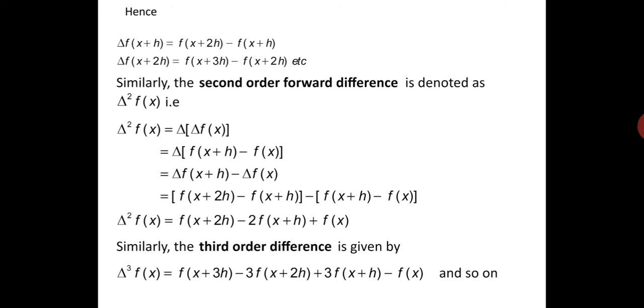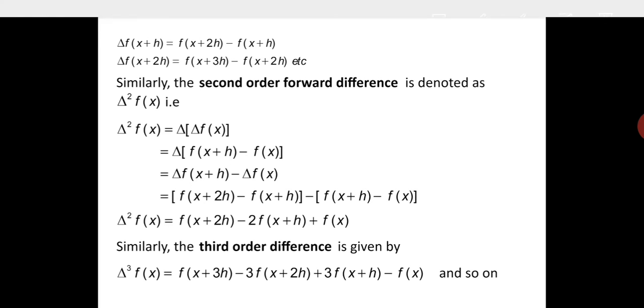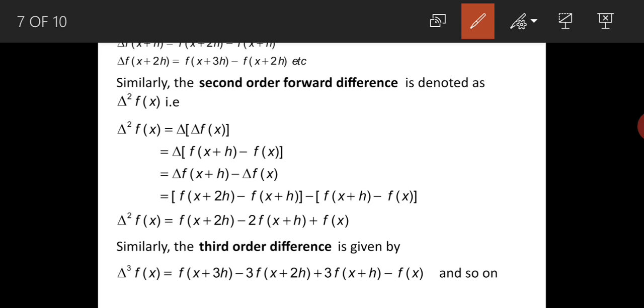Similarly, we can write the second order forward difference as delta square of f of x. How? We can write it as delta of delta of f of x. It is delta of f of x plus h minus delta of f of x. We know that delta of f of x is f of x plus h minus f of x, so I have substituted it for both.